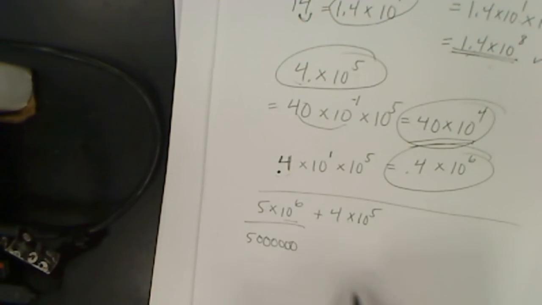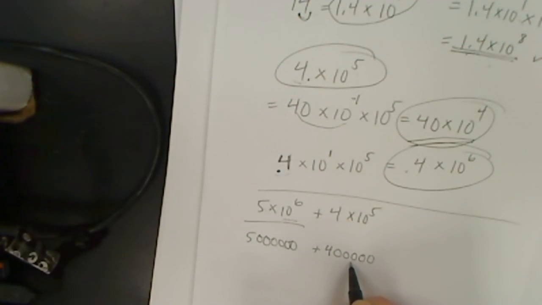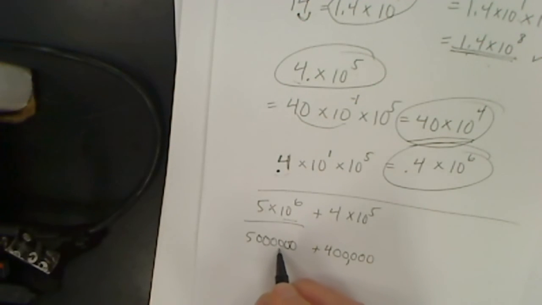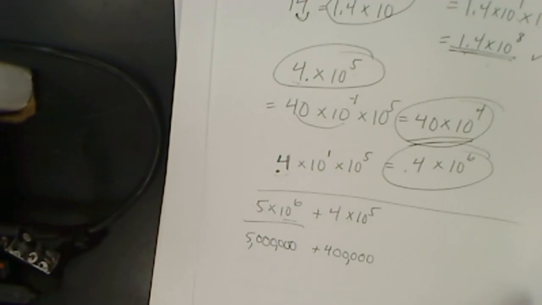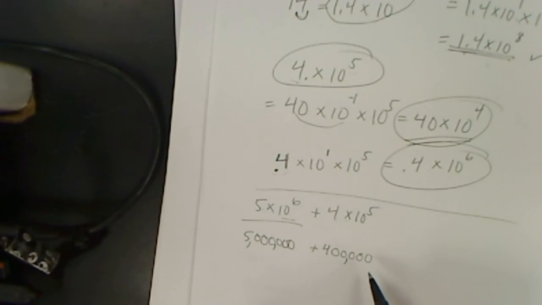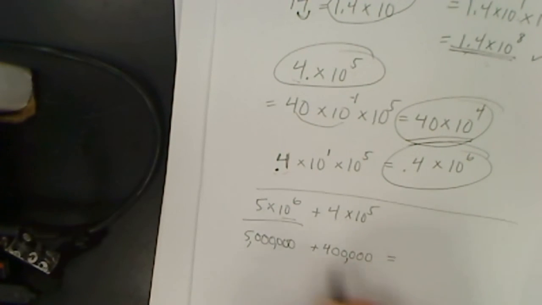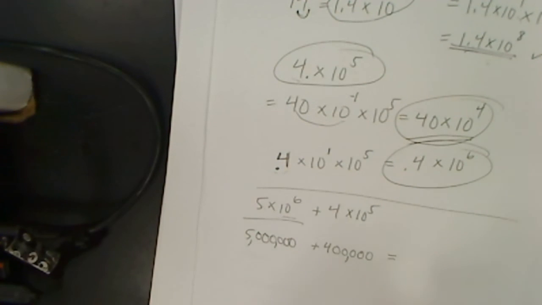What about this number? It's going to be the same. It's going to be 4 plus 5 zeros. What number is this? 400,000. Yes, very good. And so what do you get if you put 5 million and add them together?